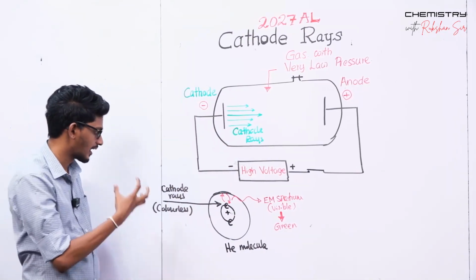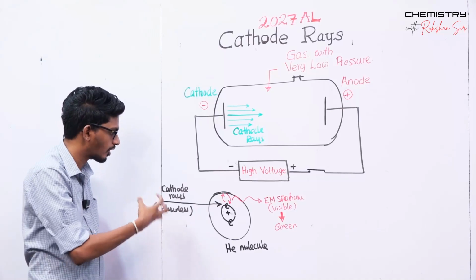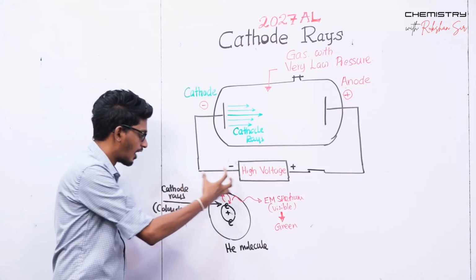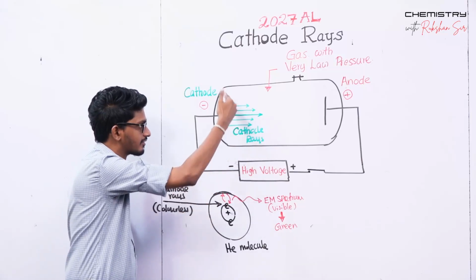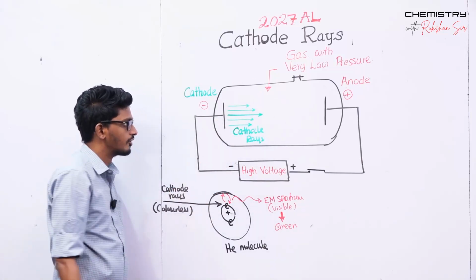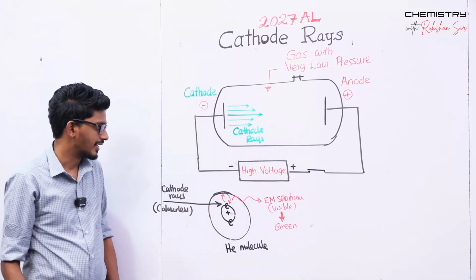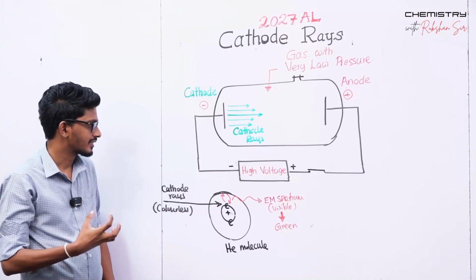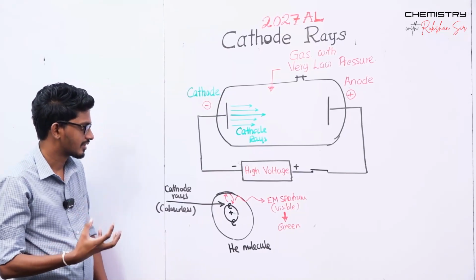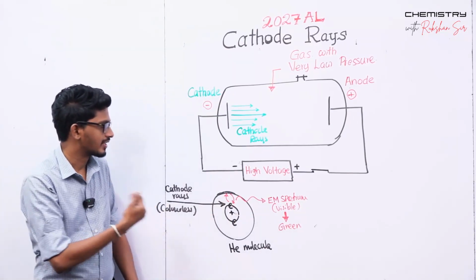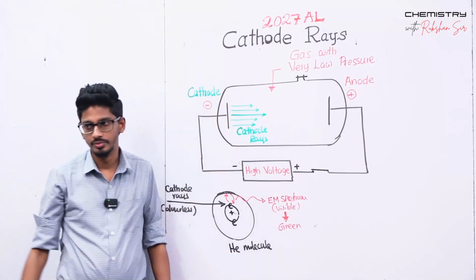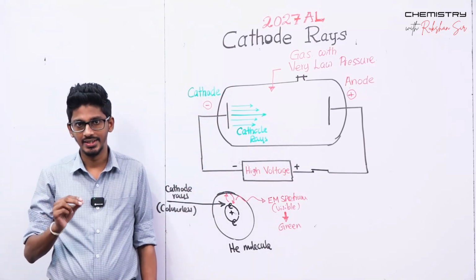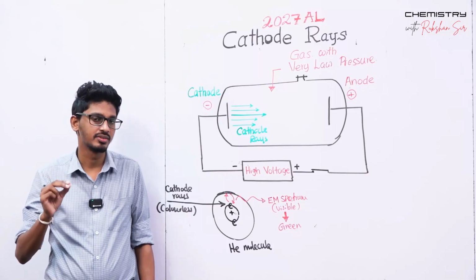So cathode rays are colorless. They are able to produce glowings from the atoms of your gas, as well as the atoms of the walls of your cathode ray tube. That is how the cathode rays are able to generate some green color from that gas as well as from the walls of your tube. Remember that. That is how we observe the presence of cathode rays.